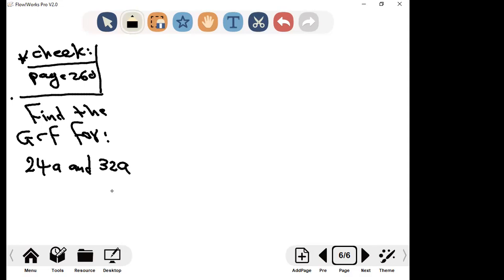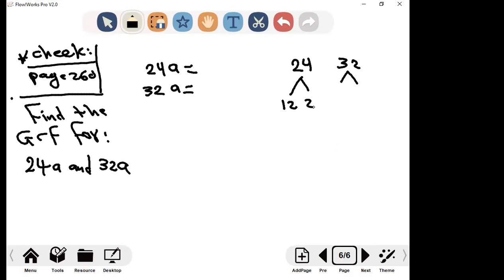8a. Now we write 24a equal and 32a equal. I will take 24 and make it a tree, 32 and make what? 24 is 12 by 2. Some of you chose 6 by 4, others chose 8 by 3, right?